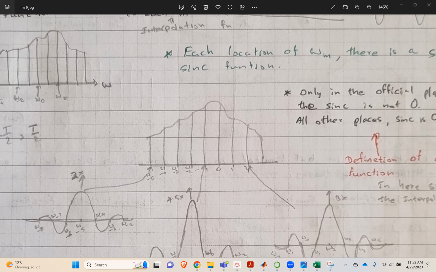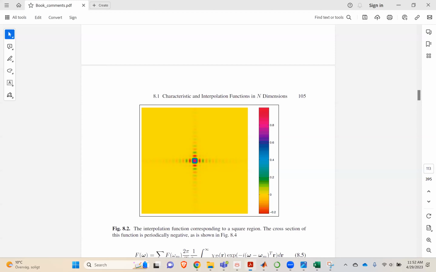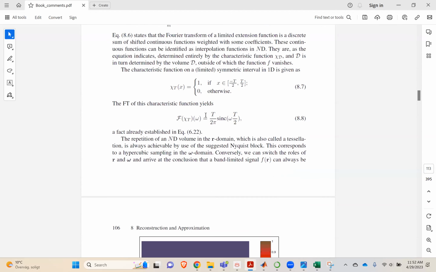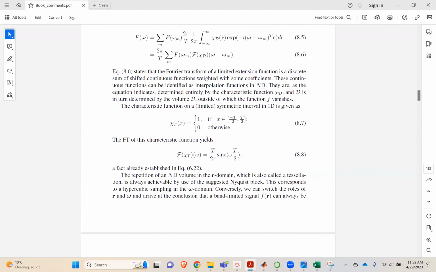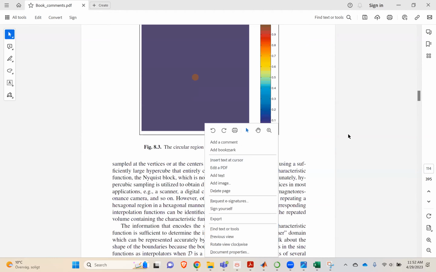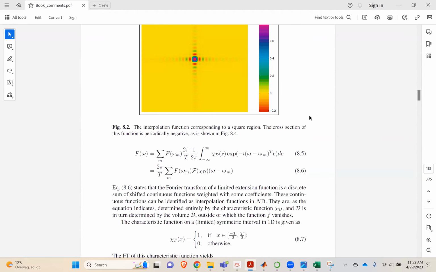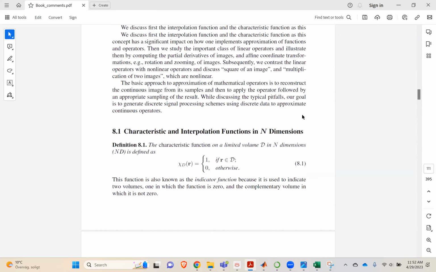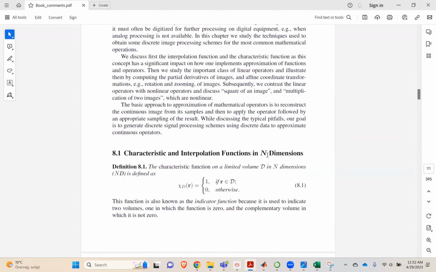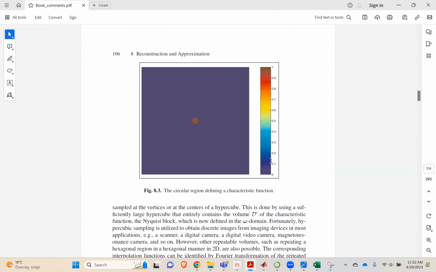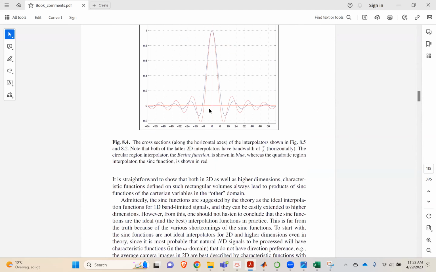I'll go back to the lecture notes again. This is the sinc function. Likewise, we have another one, the basis function.